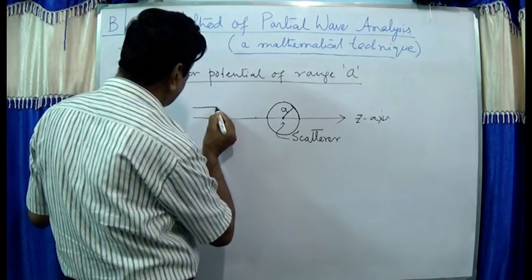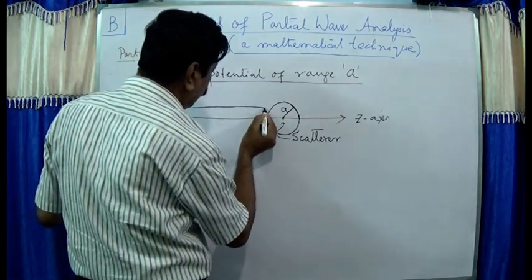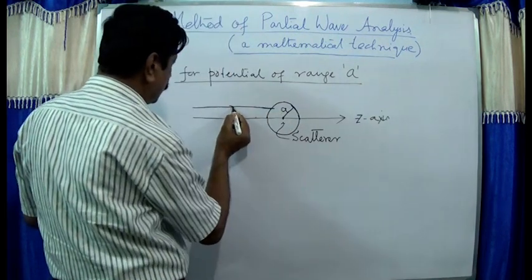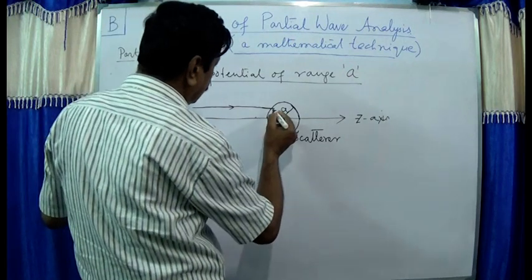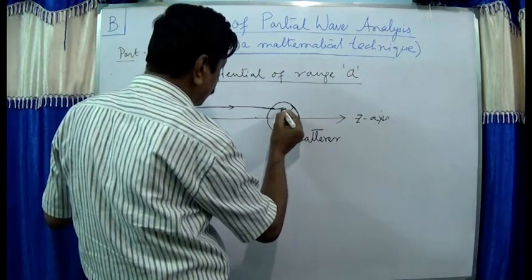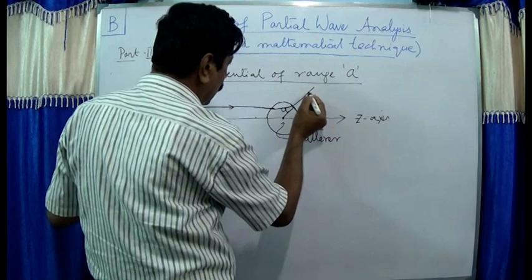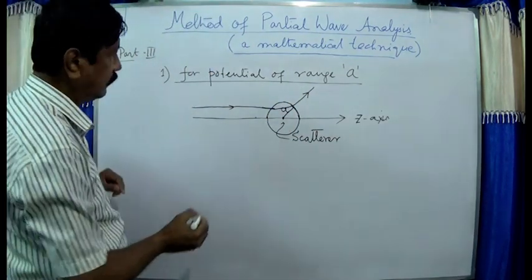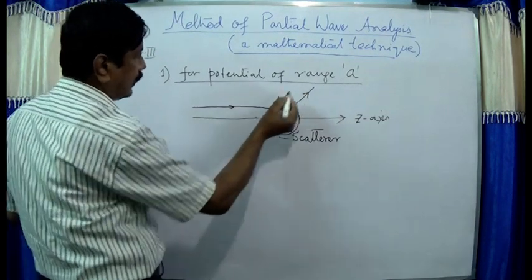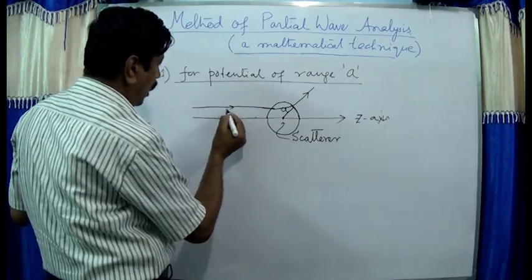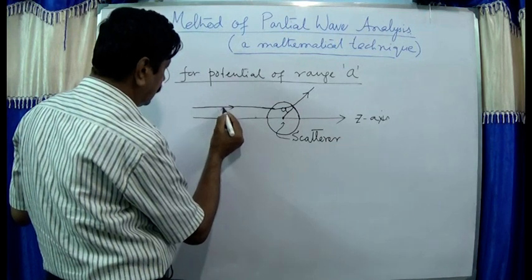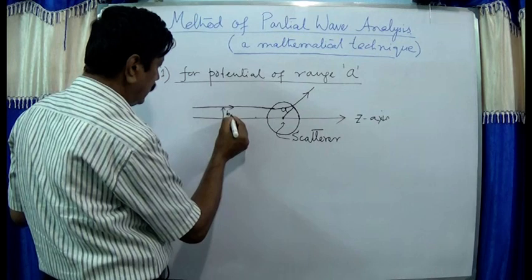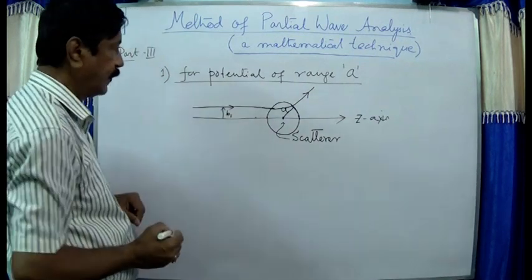Incident particle is moving along, say this direction. We will see that this particle after interaction will be scattered, say along this direction. So in this case, this is the impact parameter, that is B1.